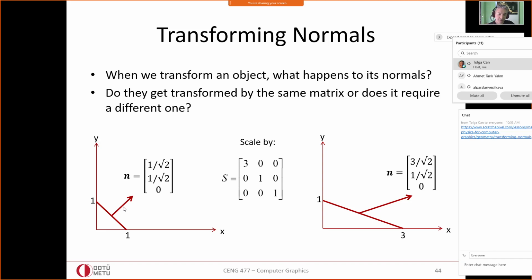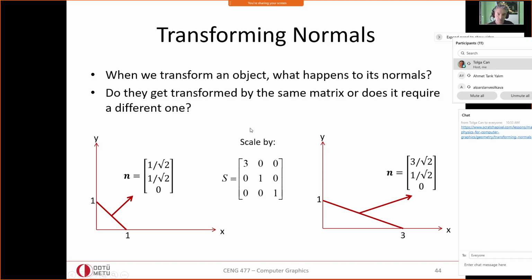It's the same 1, 1 vector that I showed before, but normalized. 1, 1 is not a unit size vector. To make it unit size, you have to divide it by its length. It has to be 1 divided by square root of 2, 1 divided by square root of 2. So this was the original normal vector.